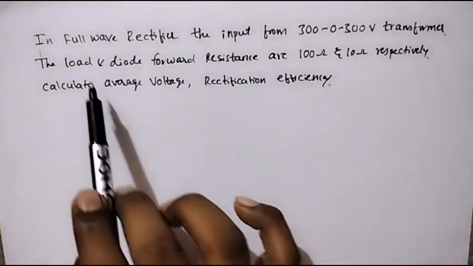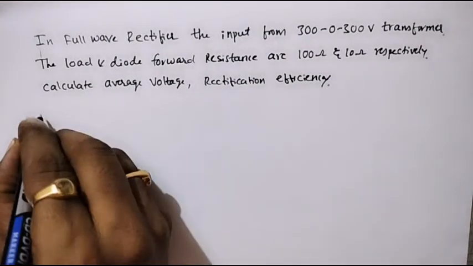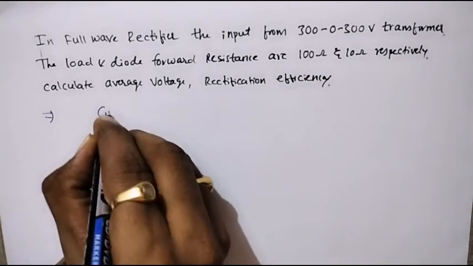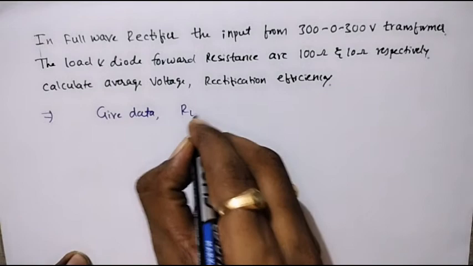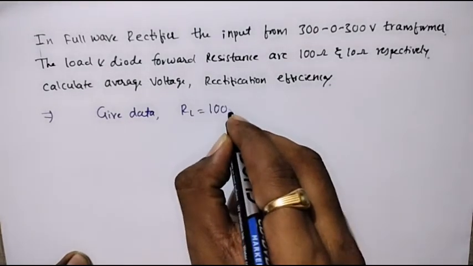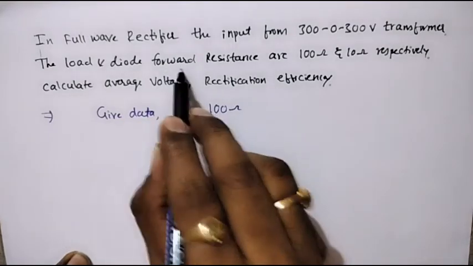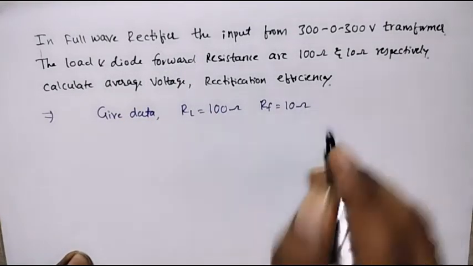The given data: RL is the load resistance, that is 100 ohm, and RF, the diode forward resistance, is given as 10 ohm.